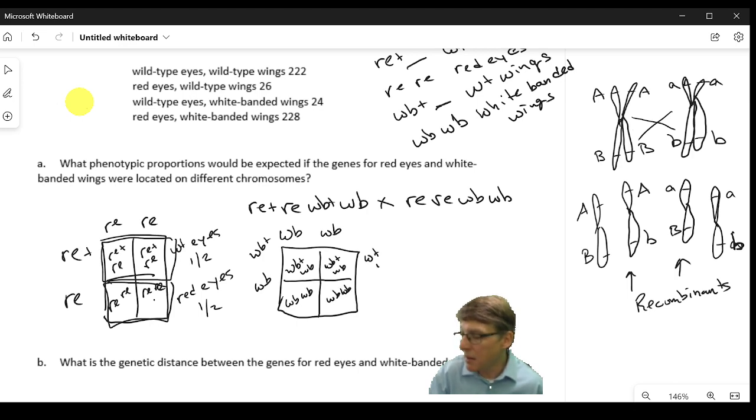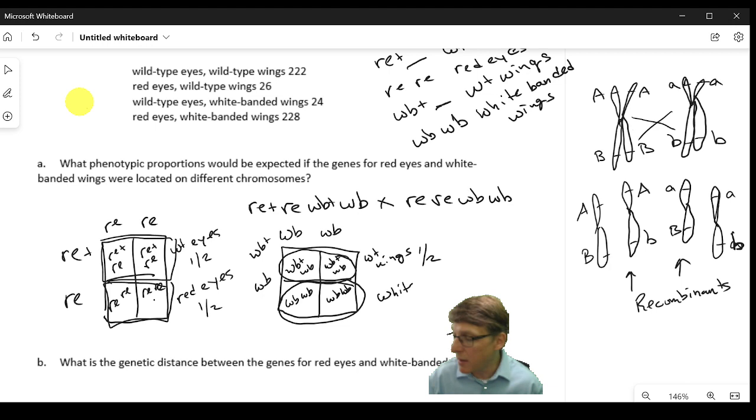And again, this would be the wild-type wings. And since half of the offspring are wild-type wings, we have a 1/2 probability or 50% chance of getting the wild-type wings. And since half of the offspring are recessive, or the white-banded wings, we have a 1/2 or 50% chance of getting those.